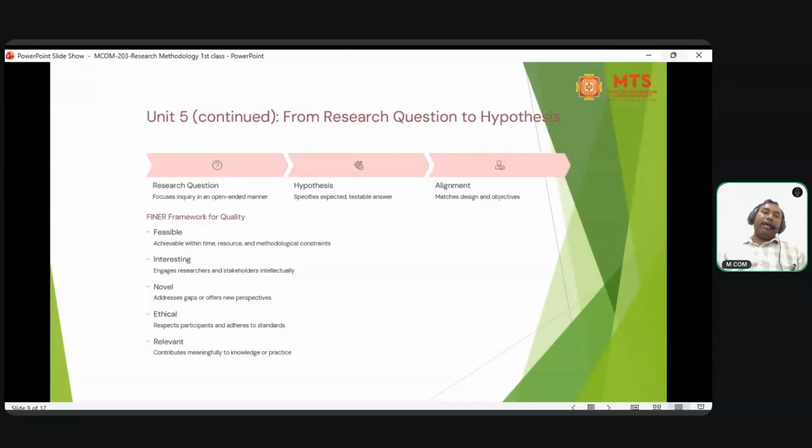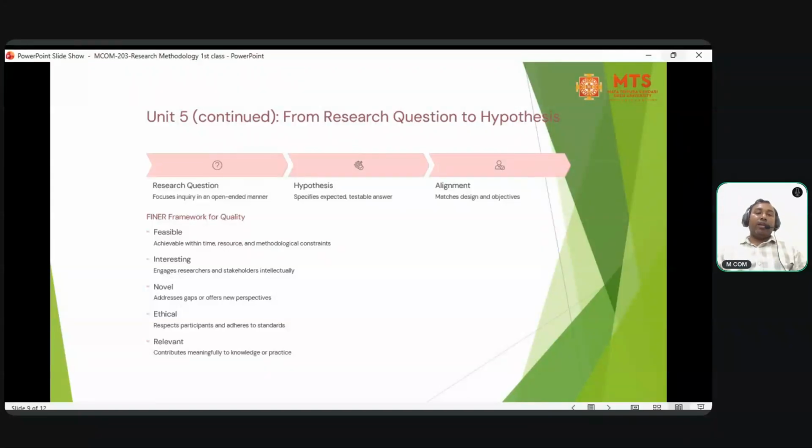The FINER framework for quality of hypothesis. F for feasible: achievable within time, resource and methodological constraints. I, interesting: engages researchers and stakeholders intellectually.